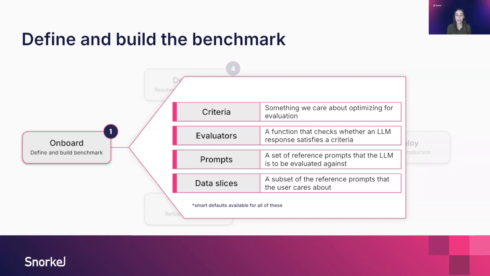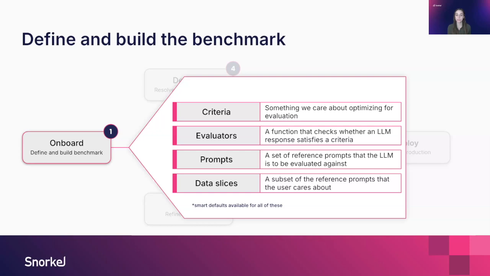Then you'll define your evaluators. And you can think of an evaluator as a function that will take in a data point, so here, this LLM response, and then return true or false, depending on whether or not that data point matches the associated criteria. So you'll have an evaluator for each of your different criteria, and it'll check whether or not you're aligned with that criteria.